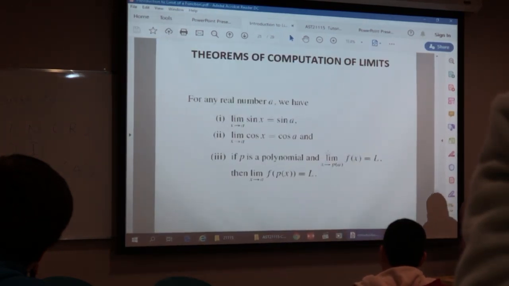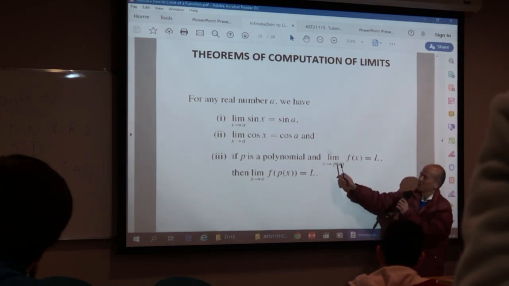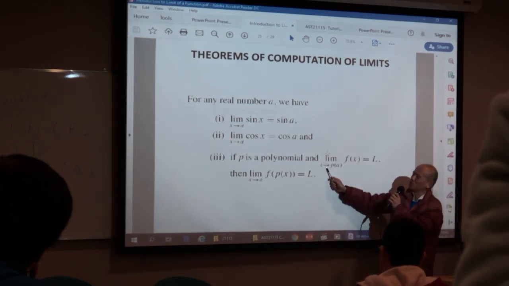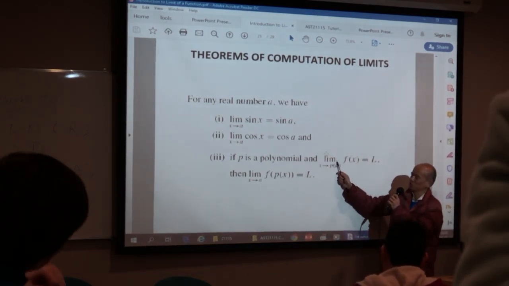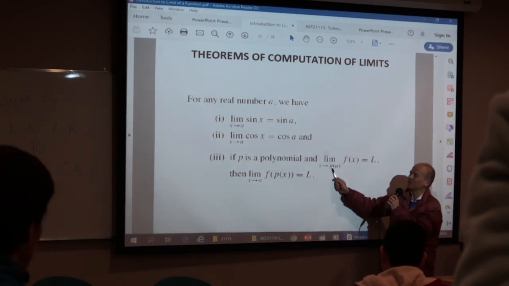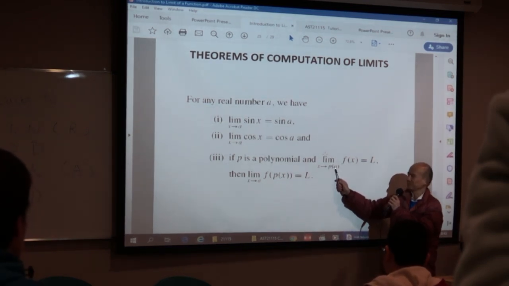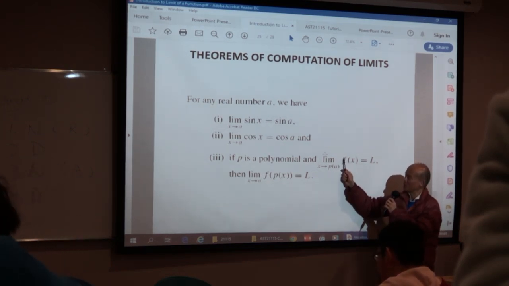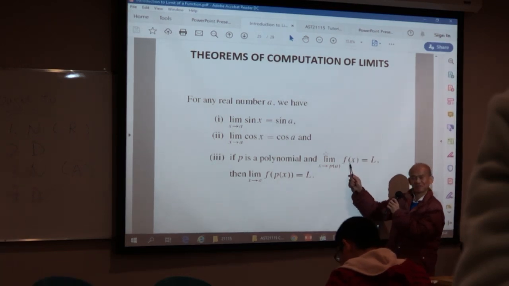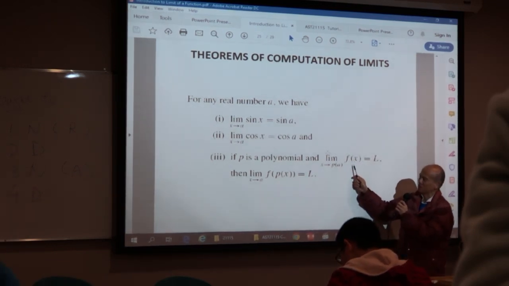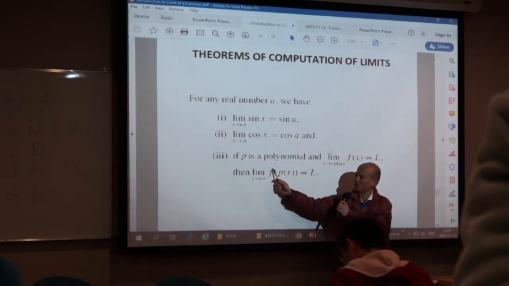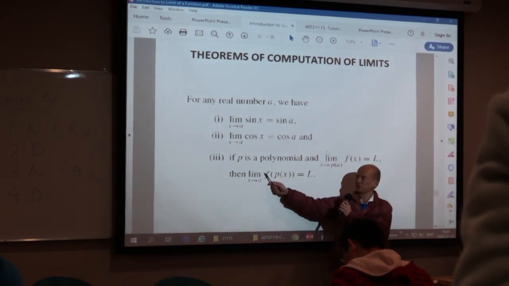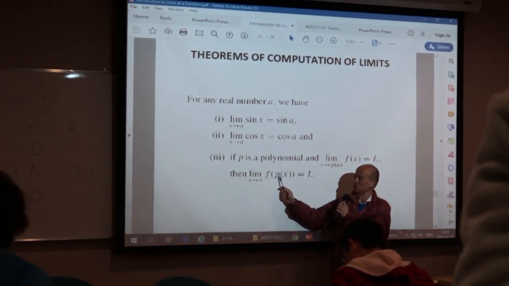Here is the situation. When x is approaching the image of another function at a particular point, it seems like it is an input of this function, and we determine this limit. Then it is as if we determine the limit of this composite function. The input is to this function.